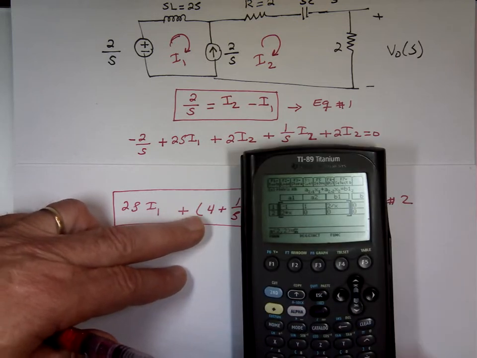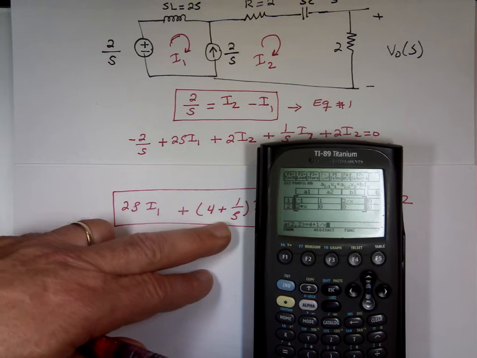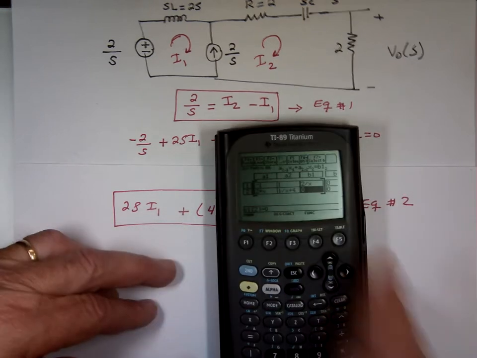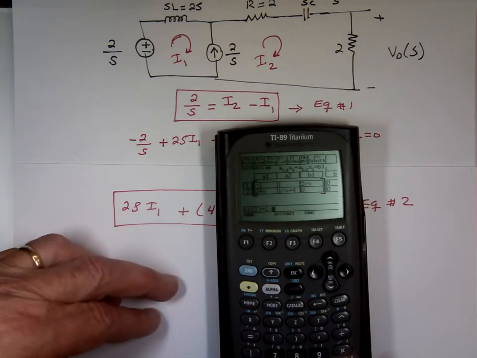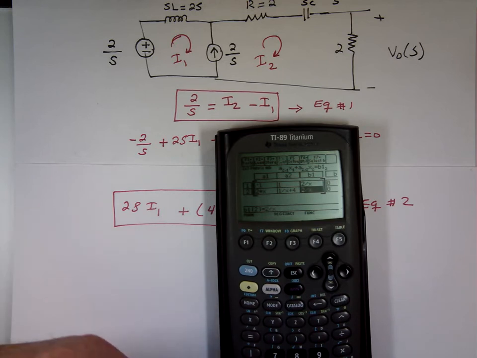This will be 4 plus 1 over s, 1 divided by x. And the answer is 2 over s, 2 divided by x. And now what do I hit to solve it once you enter them? F5.